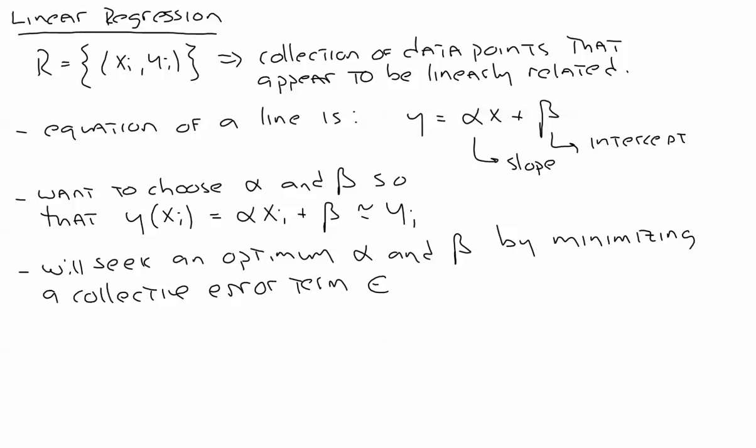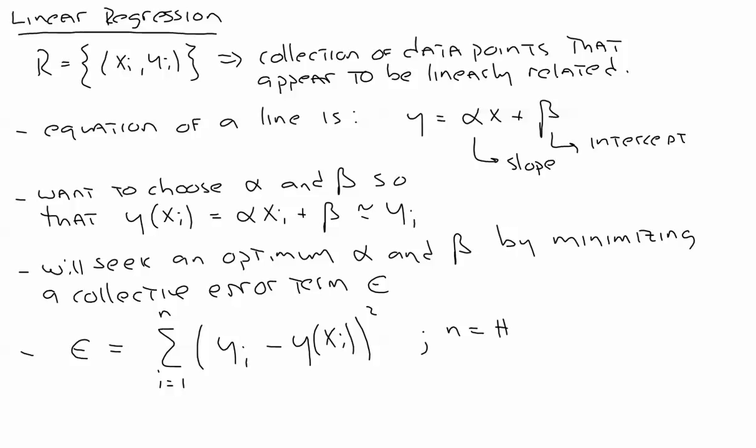All right? So let's write down what my collective error term looks like. I'm going to define it this way. Epsilon equals summation i equals 1 to n. Little n is the number of data points in my data set. y_i, that's my data point, minus y evaluated at x_i, that's my estimate, squared.